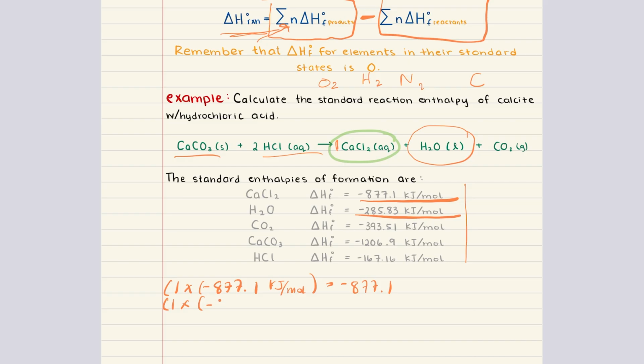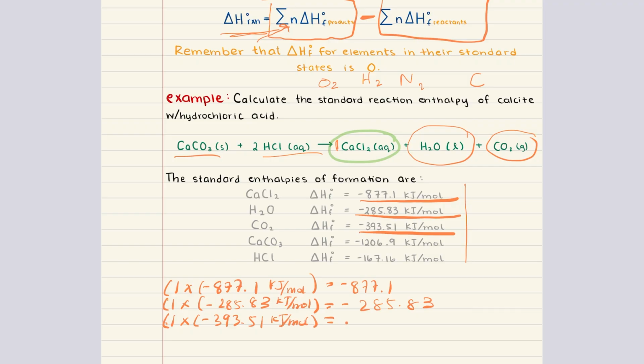285.83 kilojoules per mole. So when this is multiplied by 1, it's really easy. This is just equal to negative 285.83. Then finally, we also form 1 mole of carbon dioxide. And the enthalpy of formation for carbon dioxide is negative 393.51 kilojoules per mole.